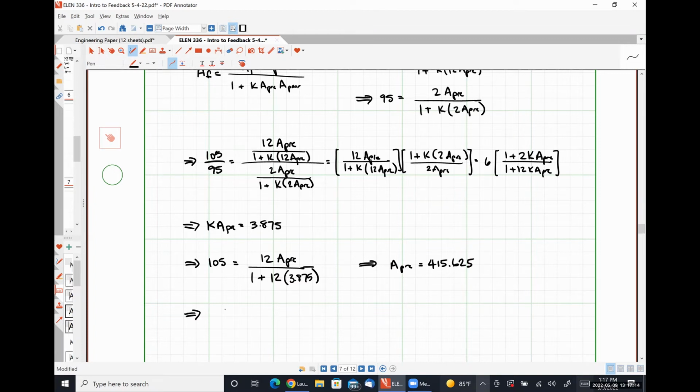And then from here, our feedback factor to achieve this variance is Ka pre over A pre, which comes out to 9.323 times 10 to the minus 3.